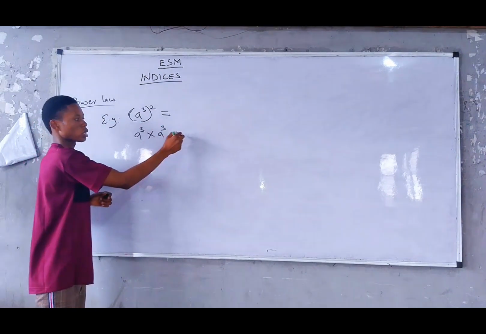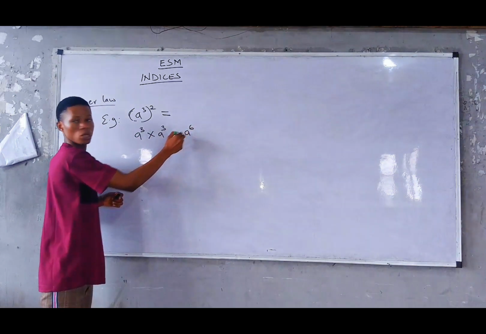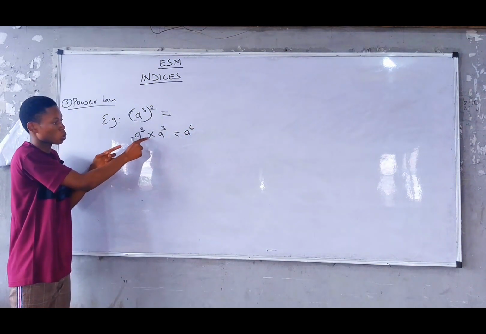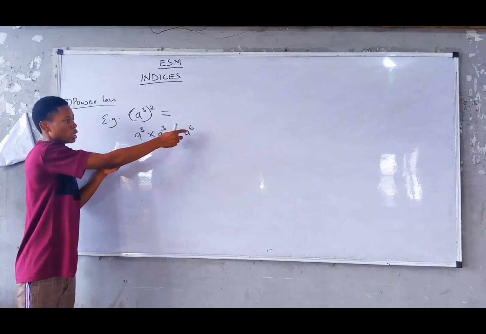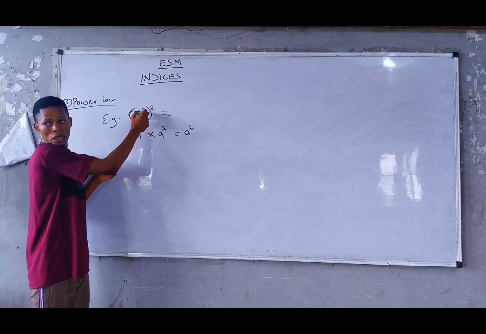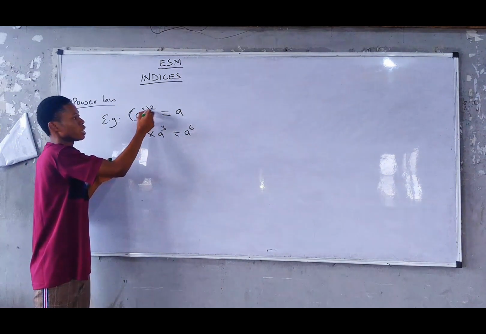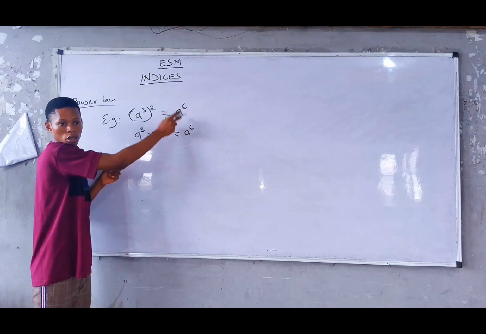What do we do to the powers? We add, right? 3 plus 3 will give us what? You get now. So since this is multiplication, we add the powers, right? A raised to power 6. Instead of going through this long route, why not just multiply this? So we can have a raised to power 3 times 2 will give us what? 6. You see, we still got the same thing.